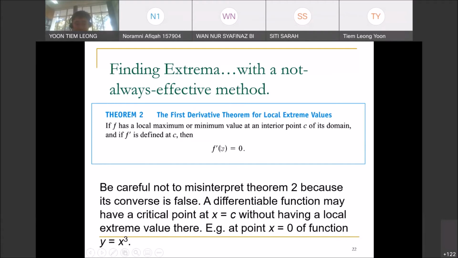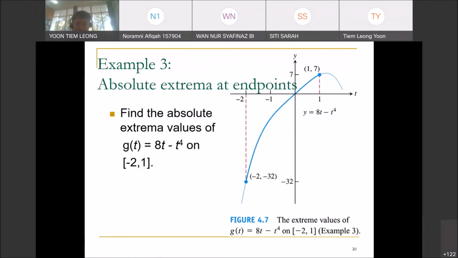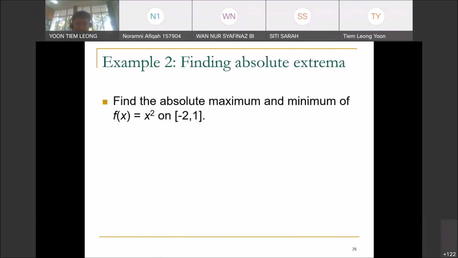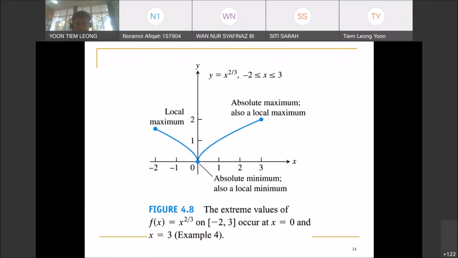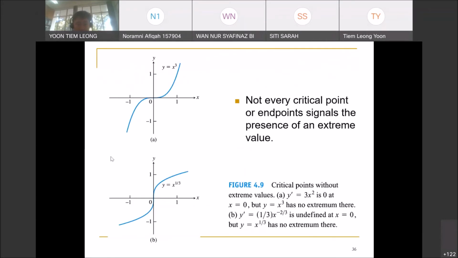Okay, so this is another example. Let me see if I have an example that shows this. Yes, this is an example. You look at this example, obviously at this point you have a derivative which is 0. Here you have a derivative which is extreme, which is infinity, which is not defined.